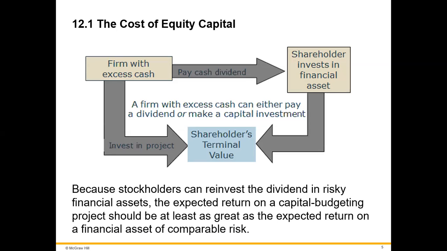So firms have a choice with their cash: keep it in and put it into a project, or give it to the shareholder and let them take the money and invest in a financial asset. In the end, you can see this arrow coming back around, the return the shareholder would get by buying another asset should equal the project investment. That's what we're saying.